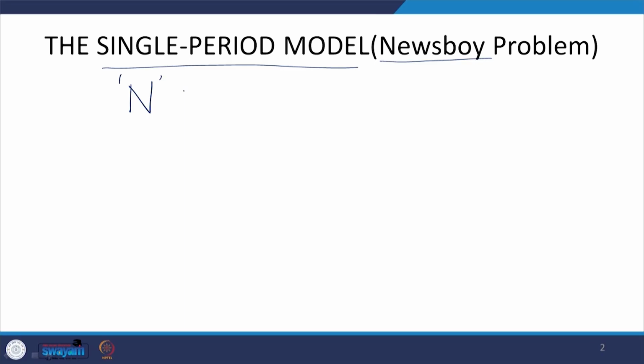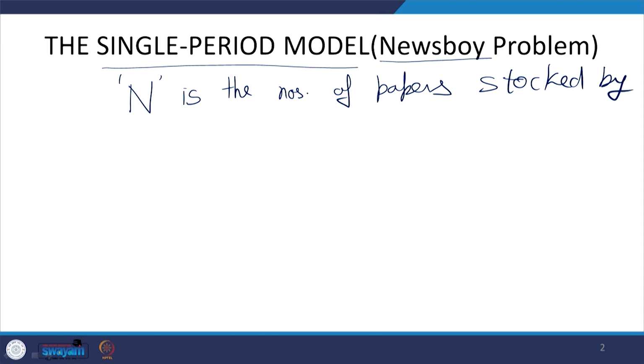Now, in this particular case, suppose he keeps n newspapers, where n is the number of papers stocked by the newsboy. There are three scenarios which are possible.